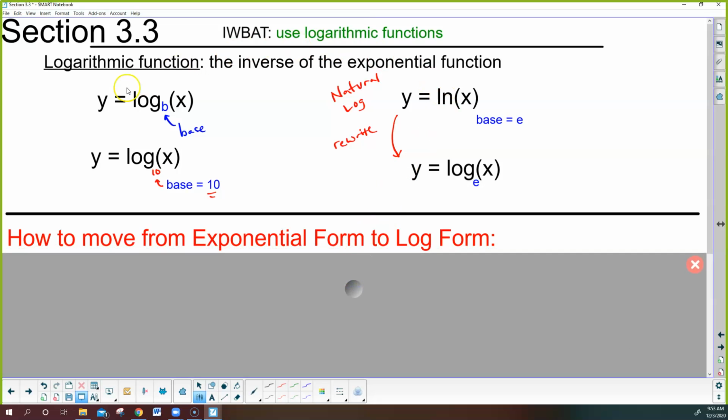Okay, so this is just getting us used to how things are set up. We're actually going to talk about the spot of the x and the y. Now keep in mind, x is the input, right? And then y is the output. That's your answer. So if I have an input, I'm going to take the log with a certain base of that input, and it's going to give me an answer, y. Same thing with natural log. If I have a natural log of an input, it's going to give me an answer, y.